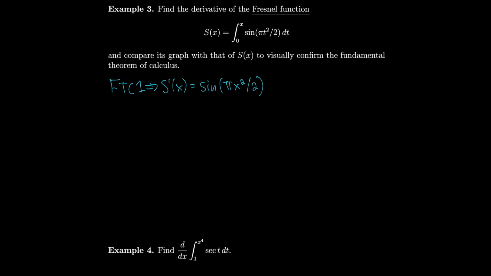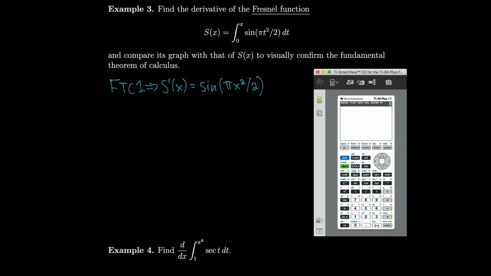Let's pull out our handy dandy calculator emulator. Go to y equals. Go to math. Get number 9 as our integral. We'll go from 0 to x. And then inside we put sine. Let's see, where's pi? There it is. Pi, and we need to put t. So let's go to alpha 4 for t.